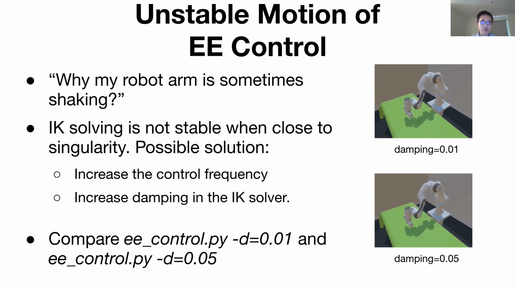And possible solutions to this problem include increasing the control frequency or increasing the damping of the IK solver. We have provided a script showing the effect of the damping in the IK solver. And in the right videos, we can see increasing the damping of the IK solver will help stabilize the arm motion.